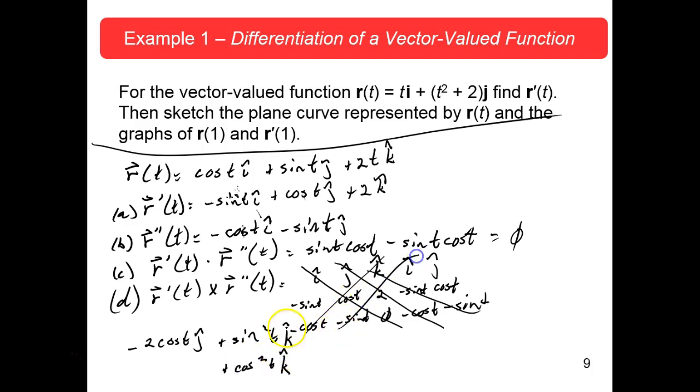Next up diagonal. Minus 2 sine t. I kept getting lost there in my nomenclature. Negative 2.